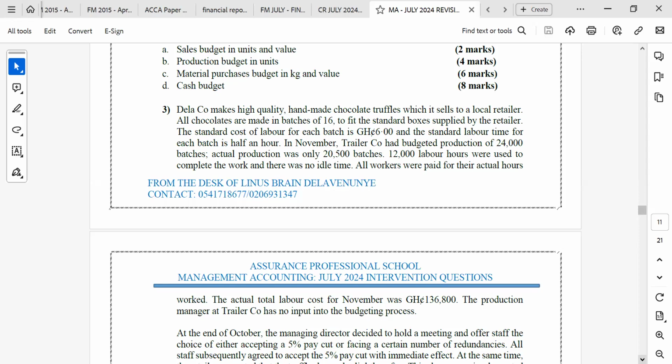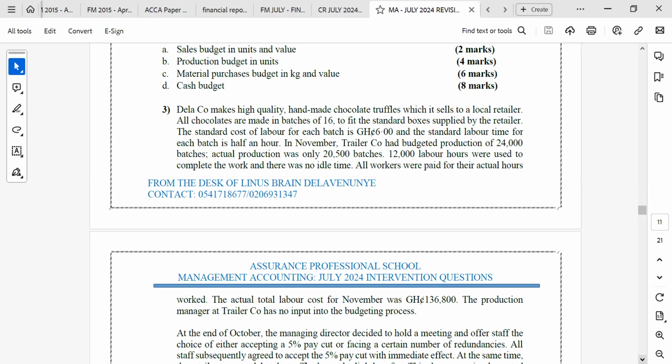Material usage variance is divided into material mix and material yield. Fixed overhead volume variance is divided into efficiency and capacity variance. The sales volume contribution variance is divided into sales mix variance, or sales mix contribution variance, and sales quantity variance.